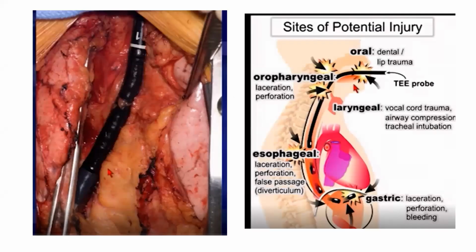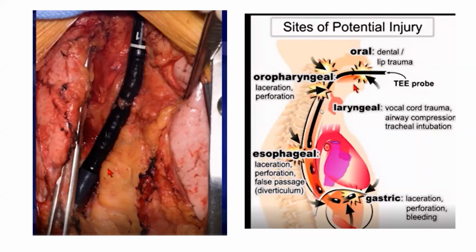Okay, so though complications are very rare, they can occur, of course, if you are not gentle with manipulation. The trauma usually occurs in the mouth, so be sure that the patient has no denture and no artificial teeth. If any, you can remove them. If it is fixed, leave it. Whenever you pass the larynx and pharynx and enter the esophagus, the probe will go very smoothly.